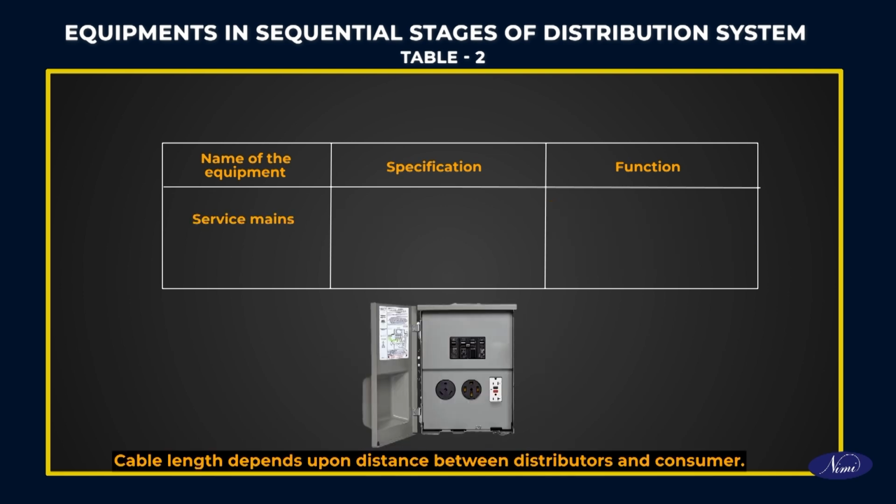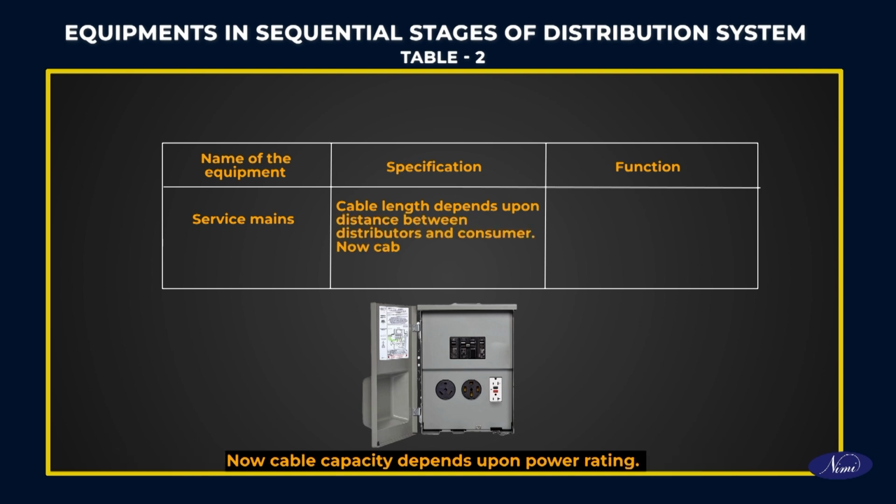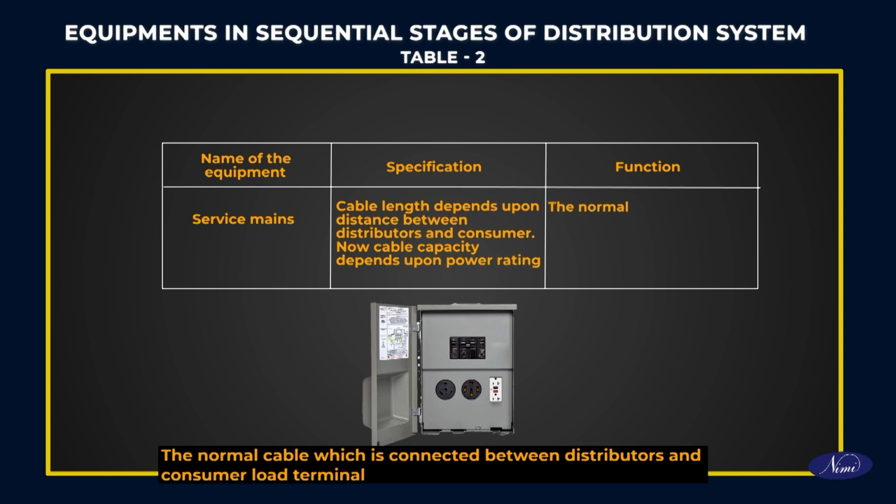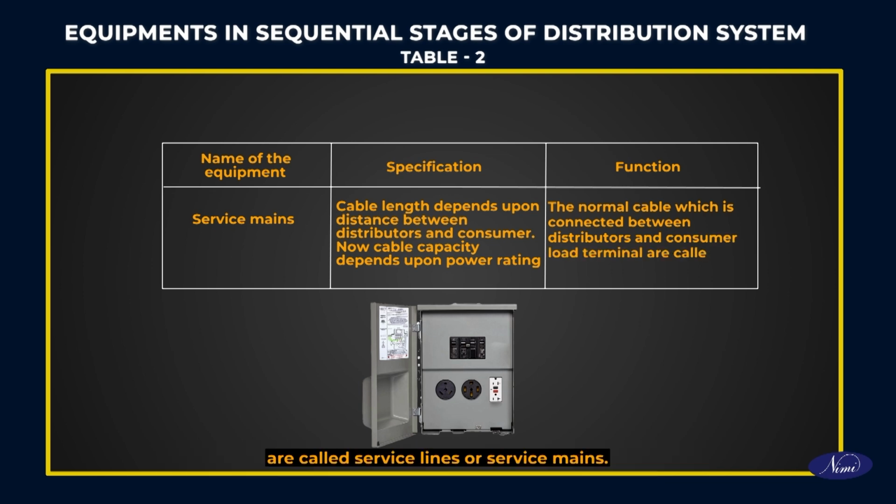Service mains. Cable length depends upon the distance between distributors and consumer. Cable capacity depends upon power rating. The cable which is connected between distributors and consumer load terminal is called service lines or service mains.